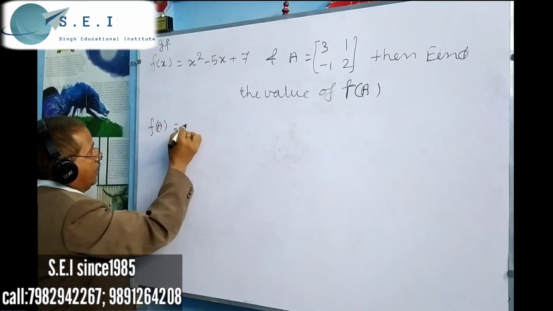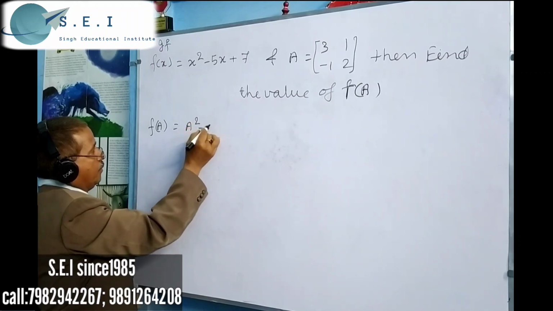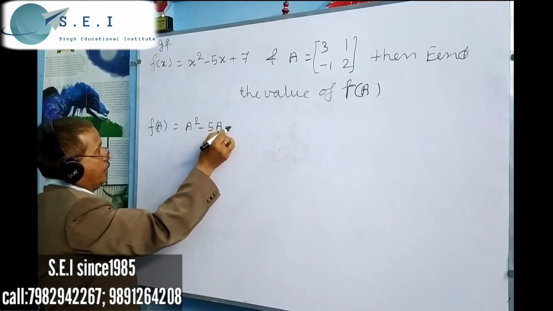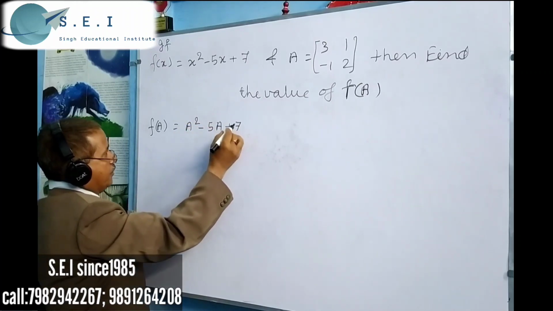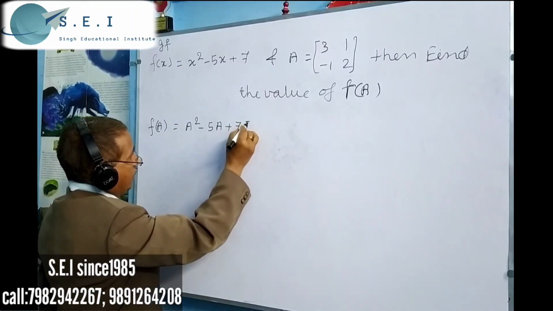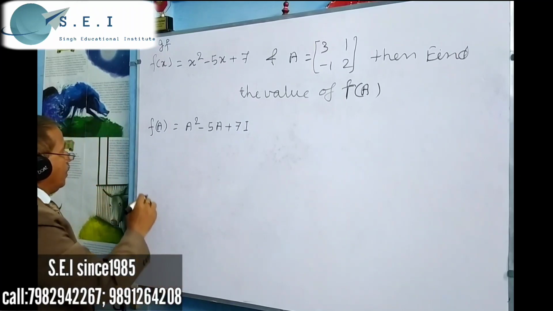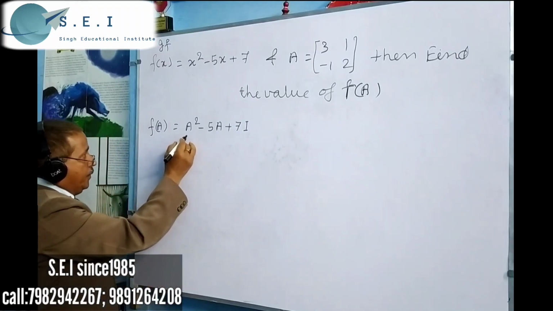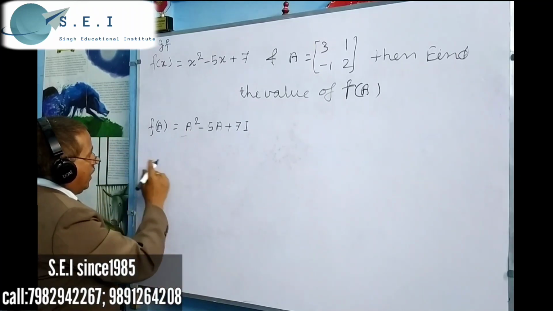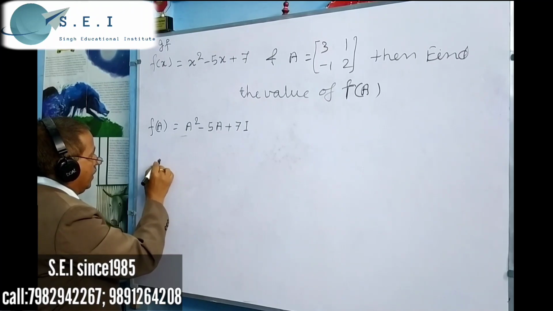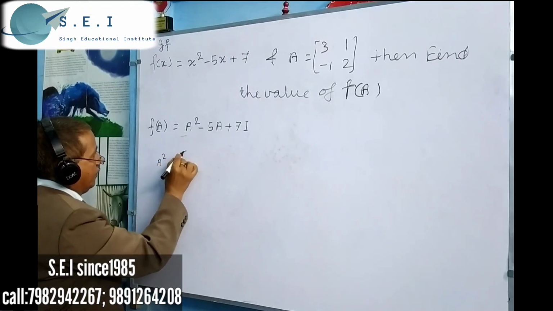To get f(A), we feed A instead of x in the given function. So f(A) is equal to A square minus 5A plus 7, where 7 is equal to 7 times the unit matrix. Now we can find A square by multiplying matrix A two times.